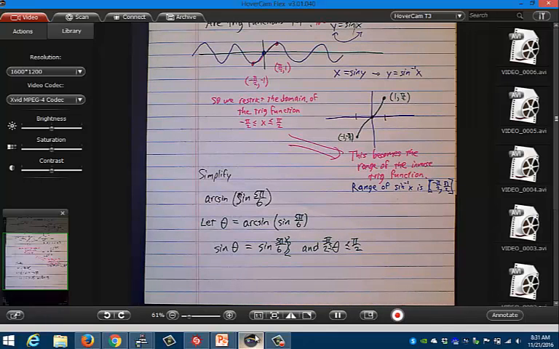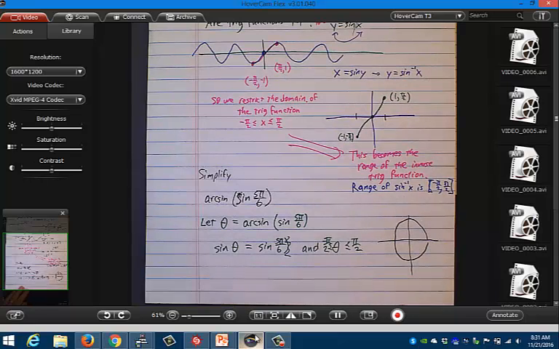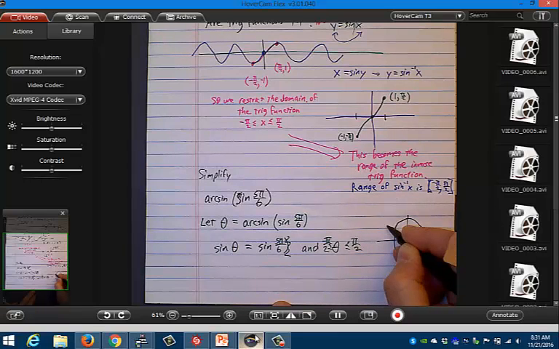And now I go back to your trig class and I say, let's draw a picture of the unit circle, right? Because when you learned about sine and cosine in your trig class, they taught you all about this. And so where is 5 pi over 6? Well, 5 pi over 6 is almost 6 pi over 6, almost pi. So it's pointed this direction, right?